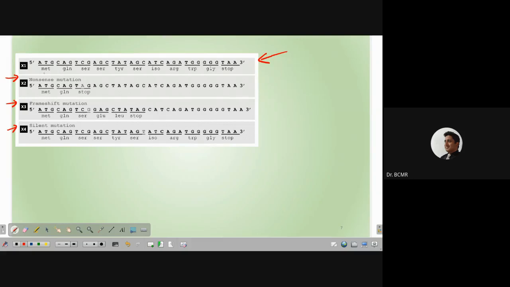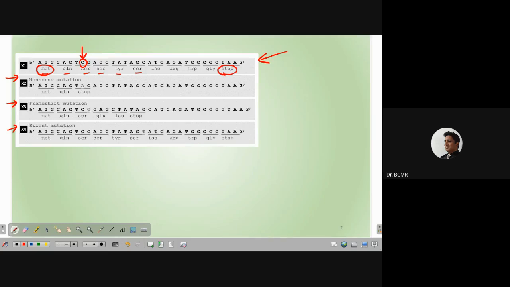So this is a reading frame, and each of them is coding for one amino acid like this. This one you can remember, ATG codes for methionine, and this is a stop codon here. And if we have a change here in this C, and that C is replaced with A, can you recollect if it is transition or transversion?